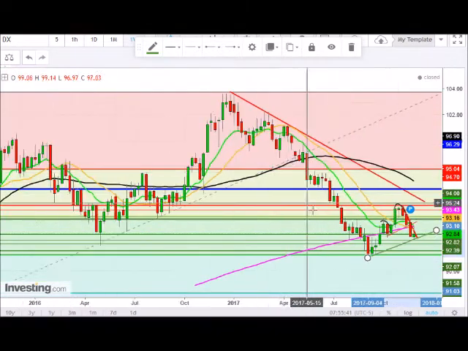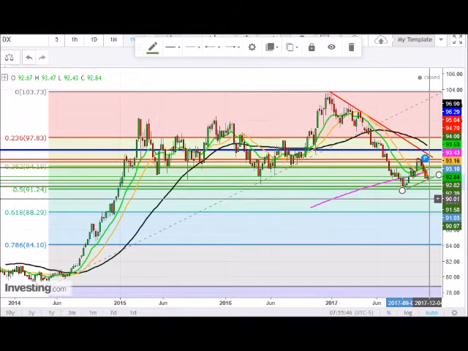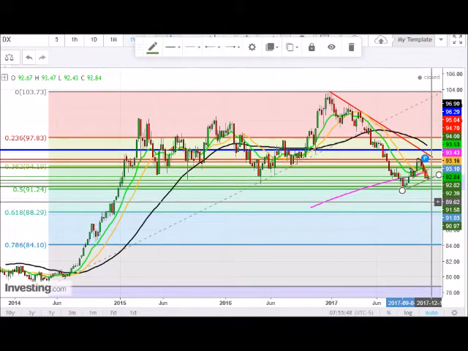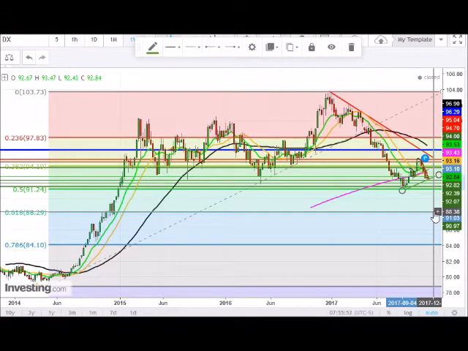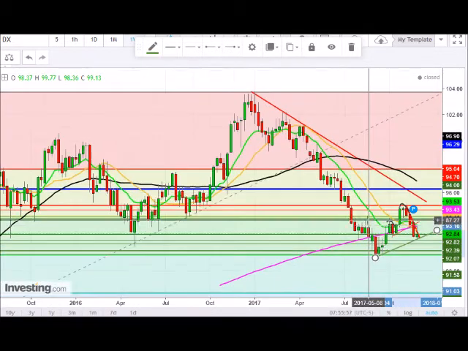So where would we go from there? If we happen to break below here, which is definitely possible, the next levels would be about 89.70 or so, and from there down to that 61.8 level around 88.38. So yes, dollar looks like it's going to maintain its downturn.